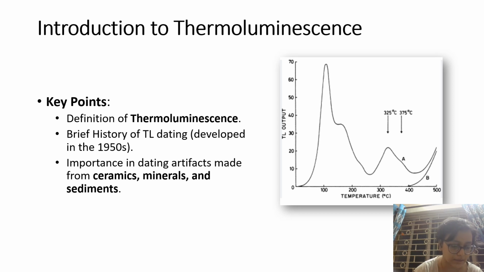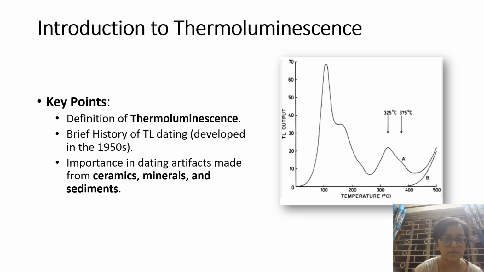The fundamental principle behind thermoluminescence dating is that certain materials and minerals absorb natural radiation from their surroundings and trap electrons over time. When heated, they release the trapped electrons as light, which can then be measured, and finally determine the object's age.